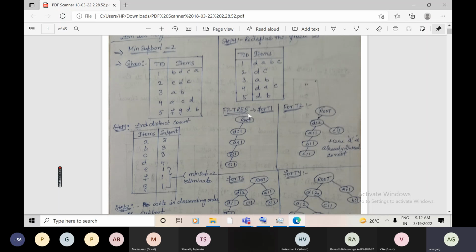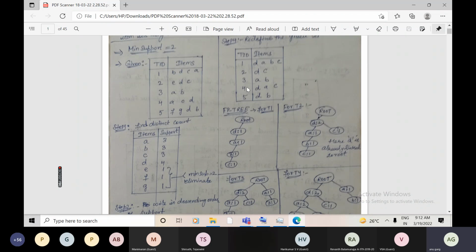You will connect all your items to this root. First is D, A, B, C, so you connect all your items in order. You connect D to the root and then A, B, C, and support is 1 for all because you have 1, 1, 1, 1 times. Now the first transaction is done. Next is transaction number 2.